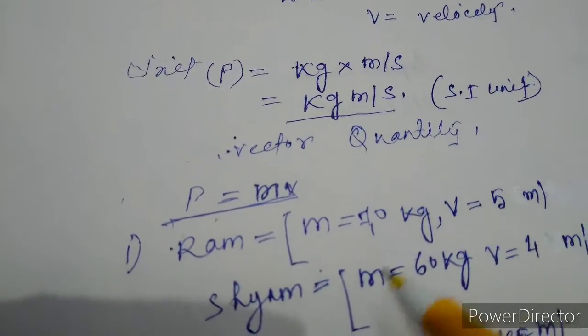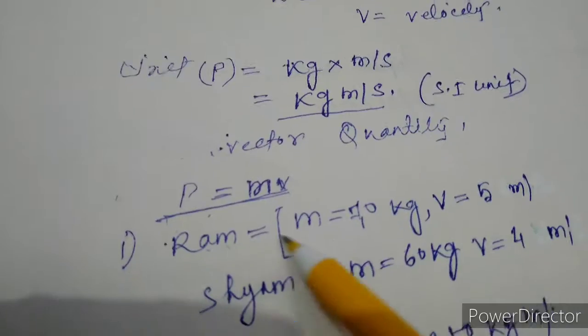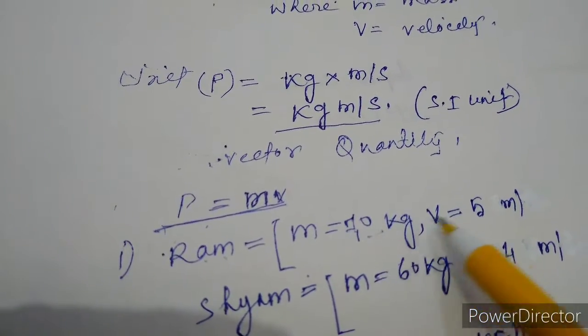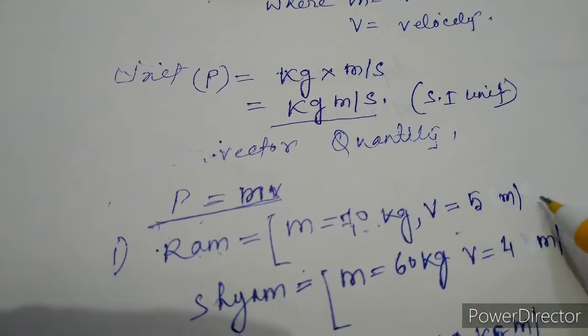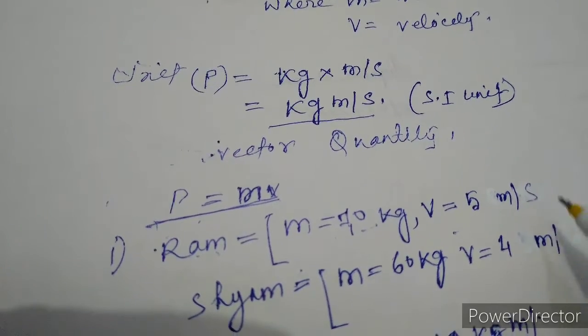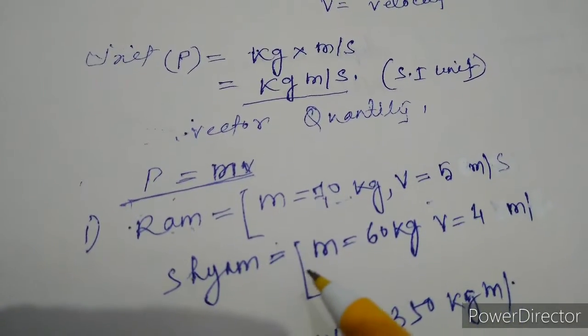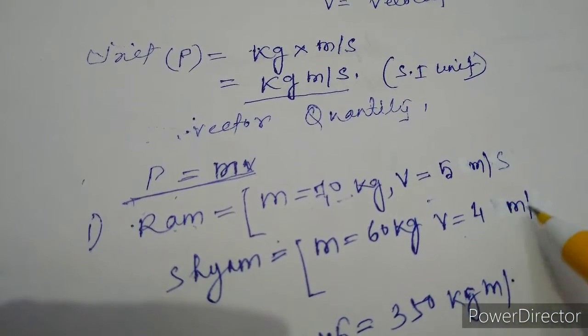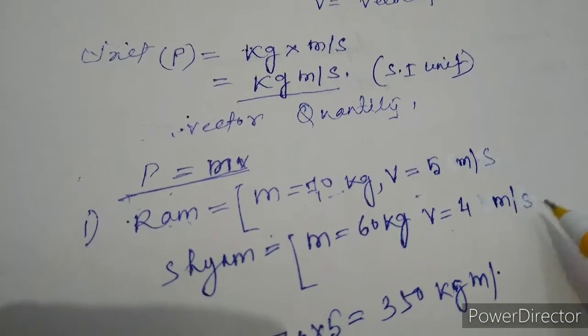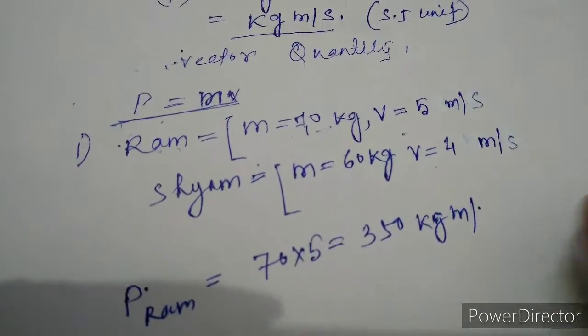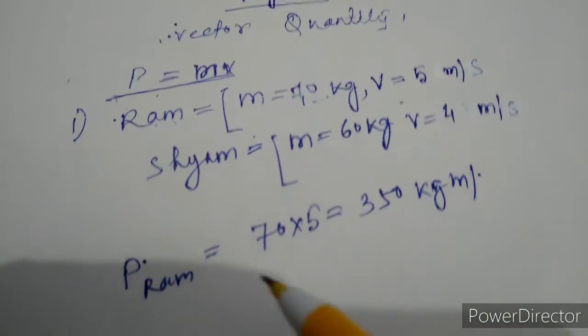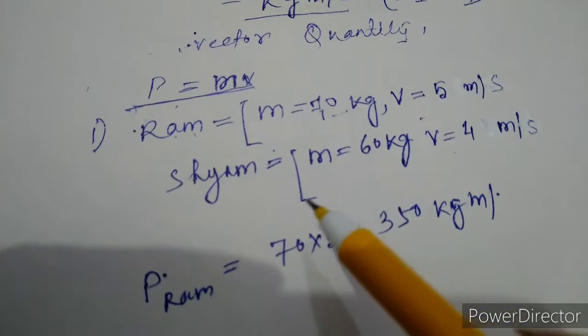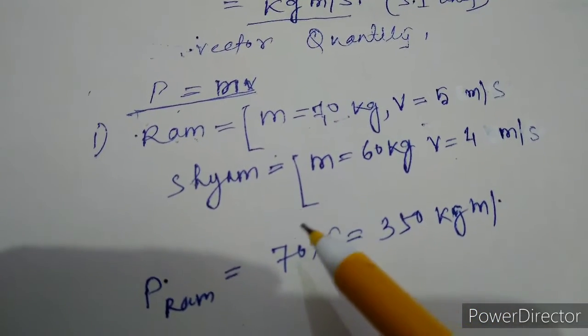Suppose it is written that a person, Ram, whose mass is given and whose velocity is 5 meter per second, and another person, Sam, whose mass is this one and velocity is 4 meter per second. Now you have to find what?